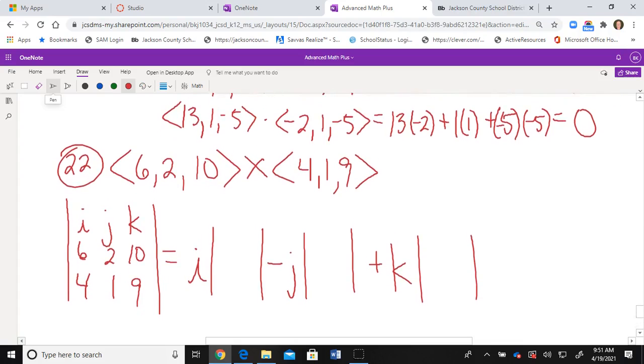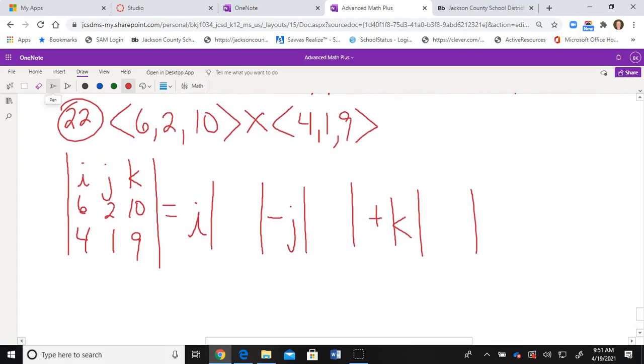And we plug them in. So if I take out I's column, I'm left with 2, 10, 1, and 9. If I take out J's column, I'm left with 6, 10, 4, and 9. And if I take out K's column, I'm left with 6, 2, and 4, 1.